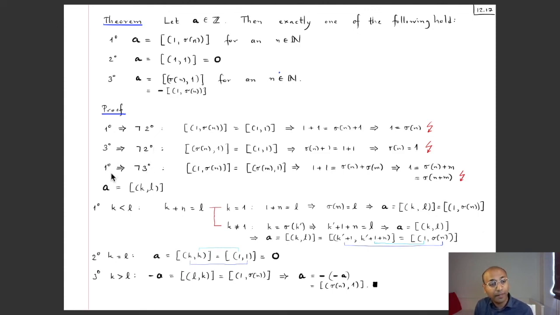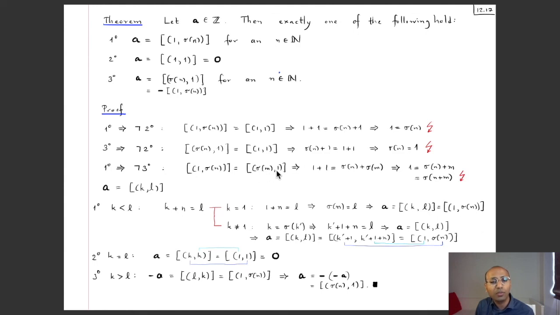Okay, and finally, let's prove that if 1 holds, then 3 cannot hold. So suppose that both 1 and 3 hold. That means that both of these are equal to A. So this is equal to A and this is equal to A, which means that [1, sigma n], the equivalence class containing that ordered pair, is the same as the equivalence class containing the ordered pair [sigma m, 1]. So that means that these two are equivalent.